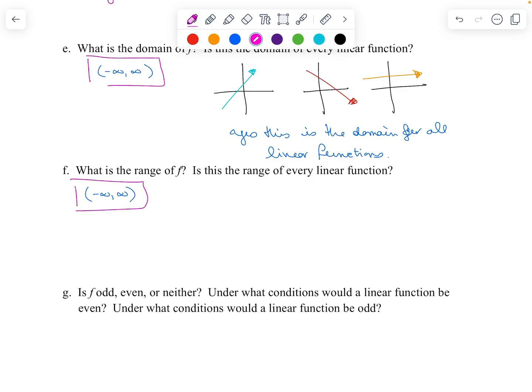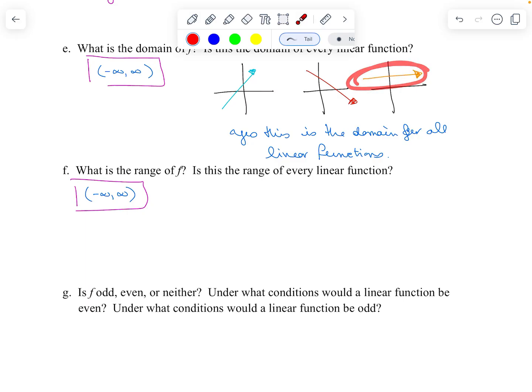Now looking back at the 3 different types of linear functions, is this the range for every linear function? Well, for increasing, this side goes up, this side goes down, so I'm going to cover everything. Decreasing, just like we saw for this one, this side goes up, this side goes down, so we'll cover all y values. But on constant, it doesn't go up or down.